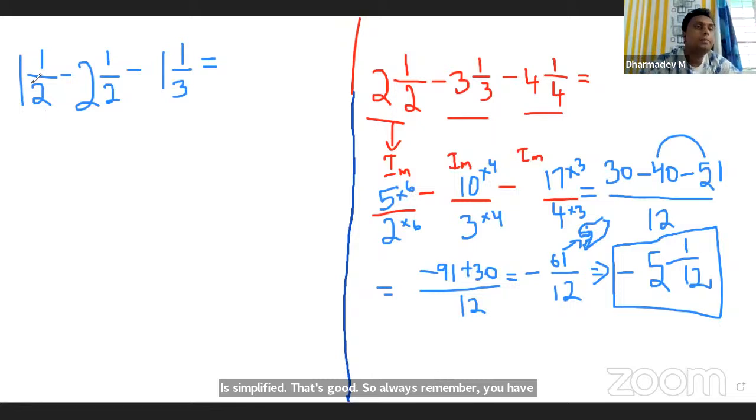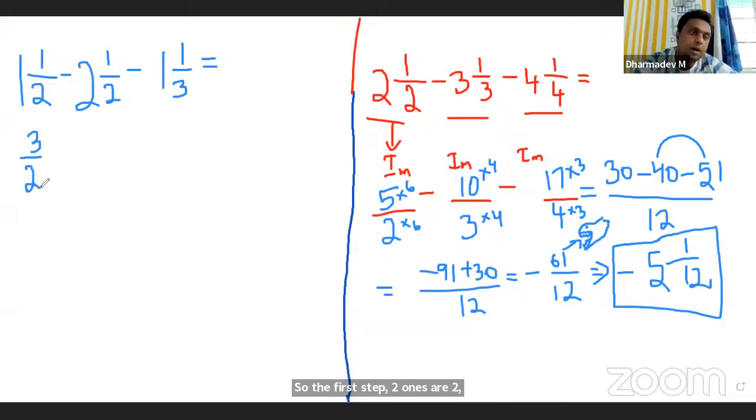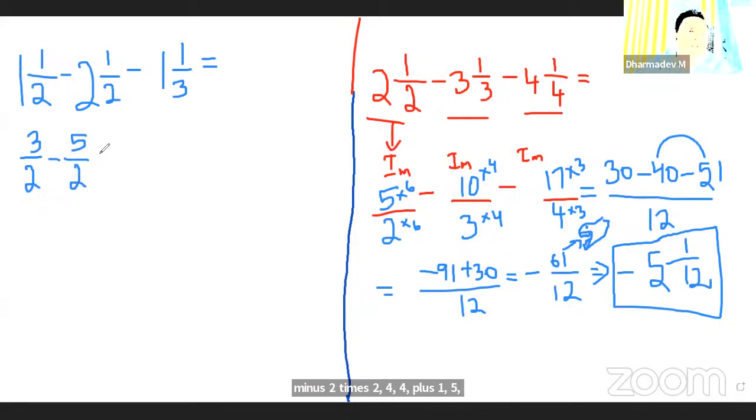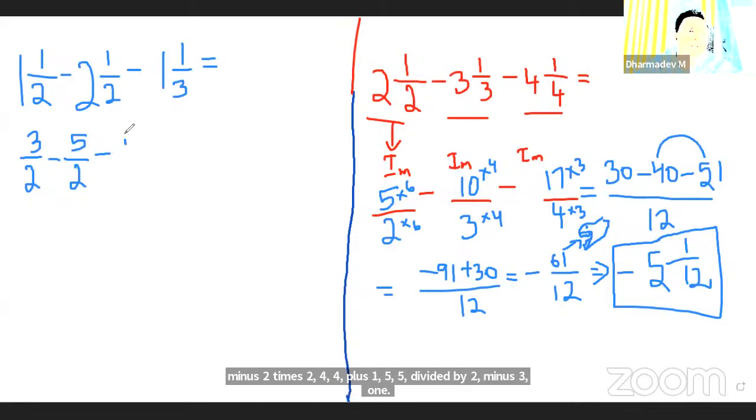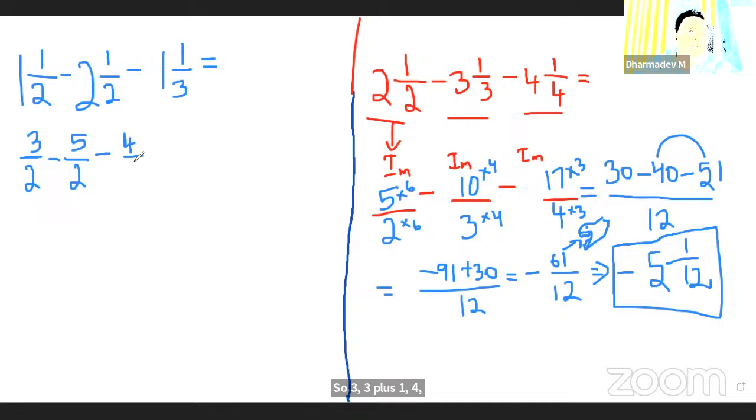So the first step: 2 ones are 2, 2 plus 1, 3. 3 over 2 minus 2 times 2, 4, 4 plus 1, 5, 5 divided by 2 minus 3 ones are 3, 3 plus 1, 4, 4 over 3.